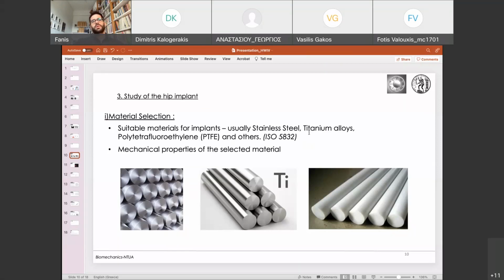You can't use everything you want because there are a lot of toxicology studies in order to prove that the material is suitable to be implanted. That is pretty difficult and it's pretty expensive, so you just can't go around searching for materials. It's better to narrow it down from the beginning. So the second thing we would like to see are the mechanical properties of the materials.